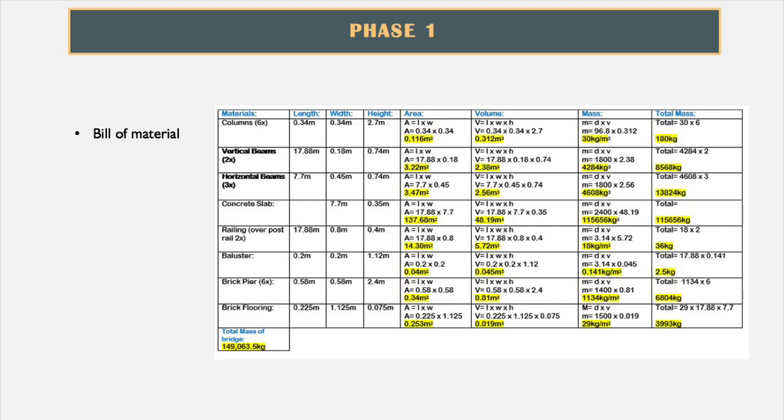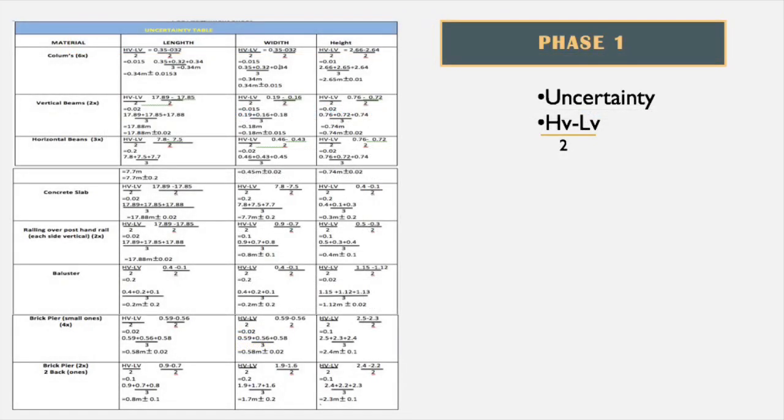You use these steps for each of the materials, which gave a total mass of the bridge of 149,06.5 kilograms.